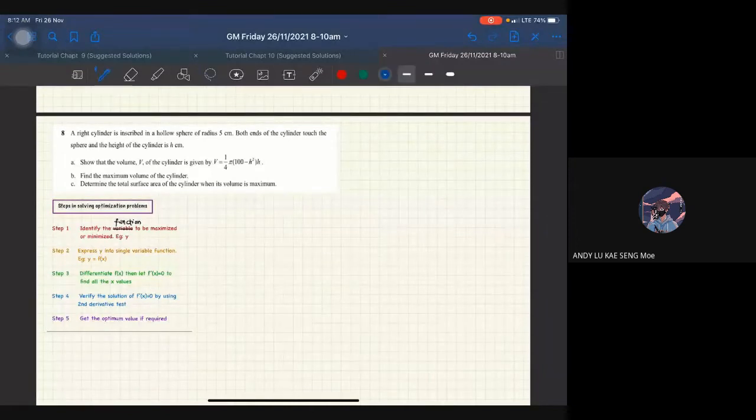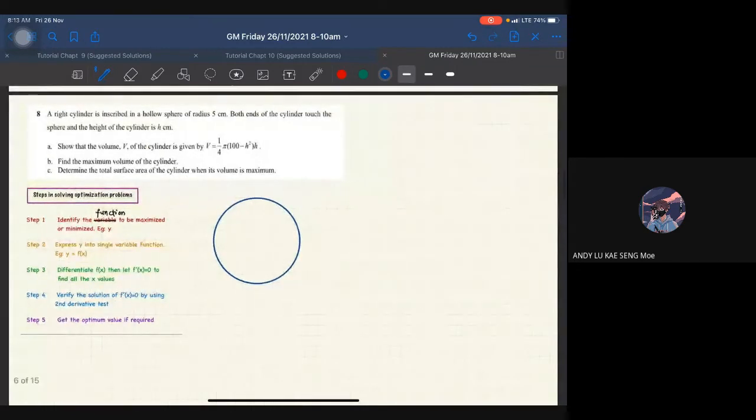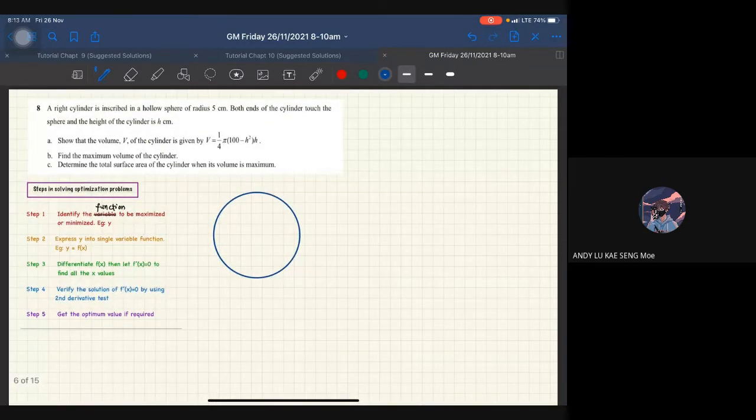So let me draw a sphere first. Kita bikin satu bulatan. Saya nak lukis bulatan sebab saya nak faham dia punya situation. Alright, so this is a sphere. Okay, and then you have a cylinder dekat dalam. So let's see bentuk dia kat sini.